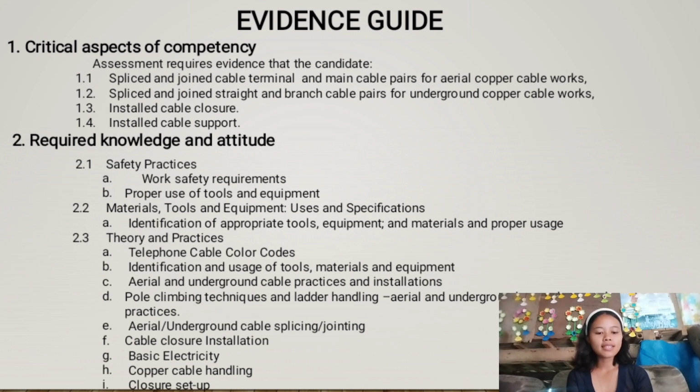Assessment requires evidence that the candidate spliced and joined cable terminal and main cable pairs for aerial copper cable work, spliced and jointed straight and branch cable pairs for underground copper cable work, installed cable closure, and installed cable support. These are what fall under critical aspects of competency.